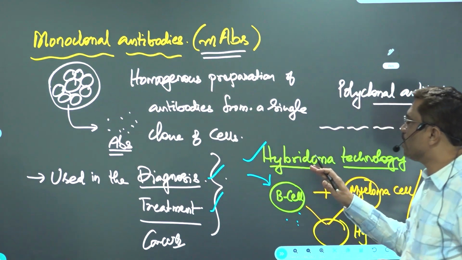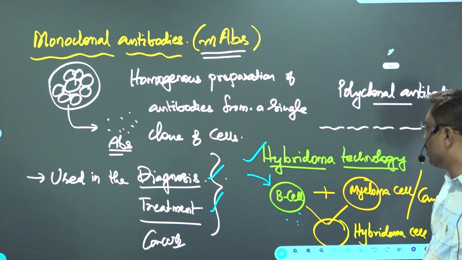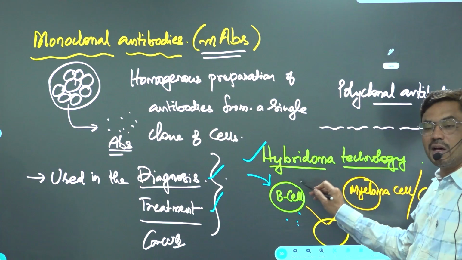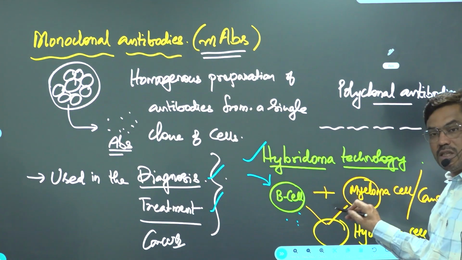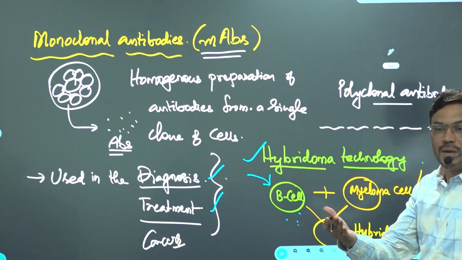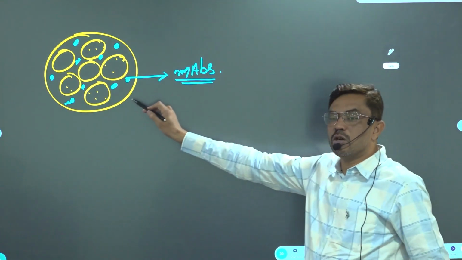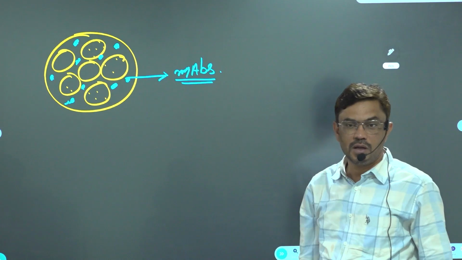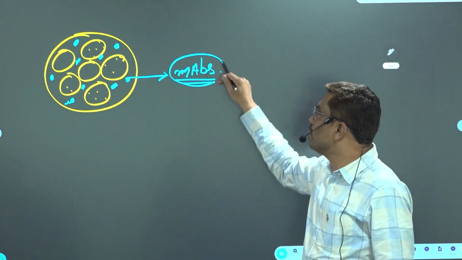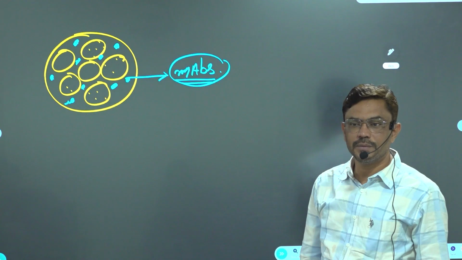Then these monoclonal antibodies can be produced by hybridoma technology. What is hybridoma technology? The B lymphocytes are combined with the myeloma cell to form a hybridoma cell. Now these hybridoma cells are grown in the laboratory. They are multiplied. These hybridoma cells release antibodies which are all similar. And these type of antibodies you call monoclonal antibodies. Got it? All right.